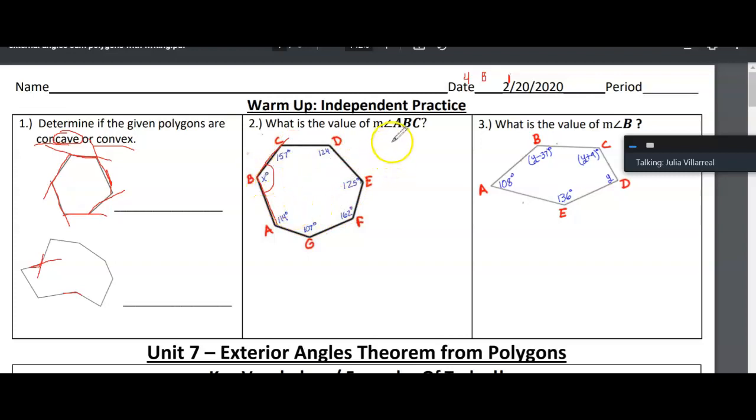So remember that you count the number of sides, and you subtract 2, because this tells you how many triangles there are. You multiply this times 180 degrees, and that gives you the sum of all the angles. Go ahead and do that, and then find out what x is.